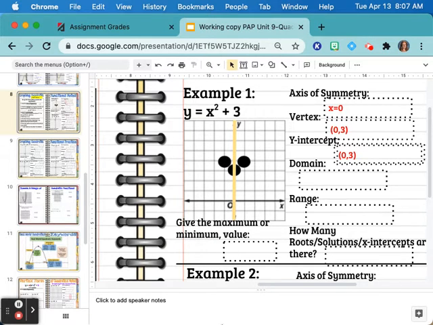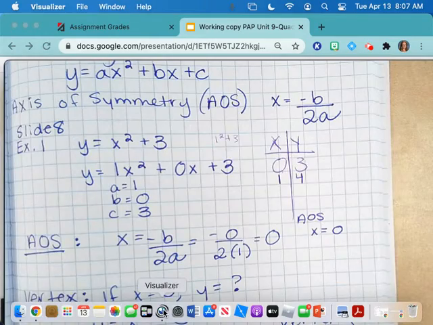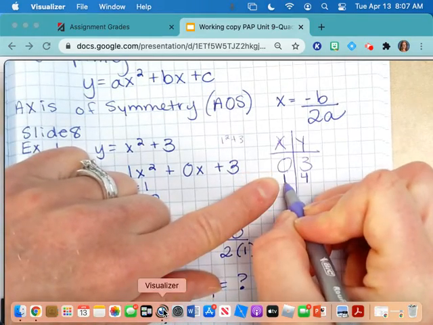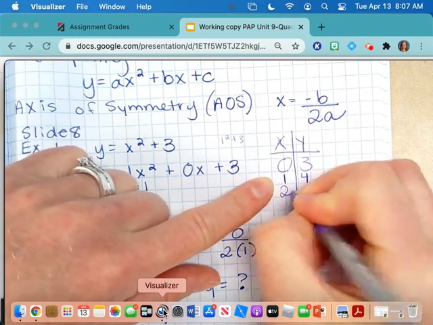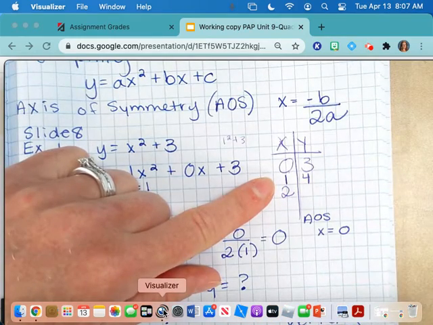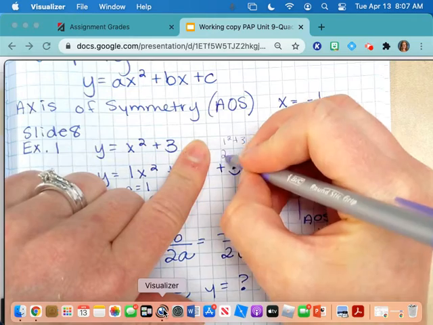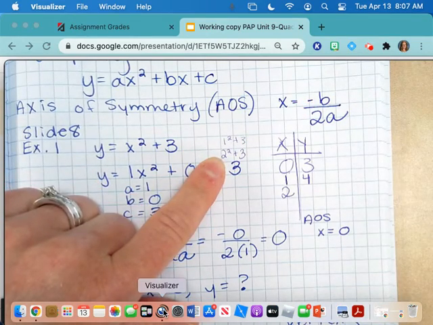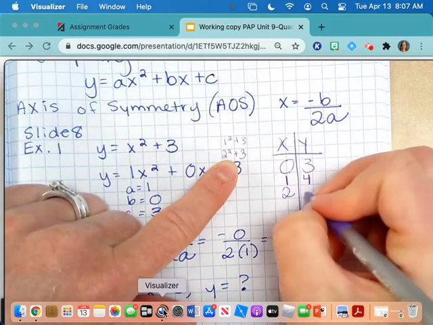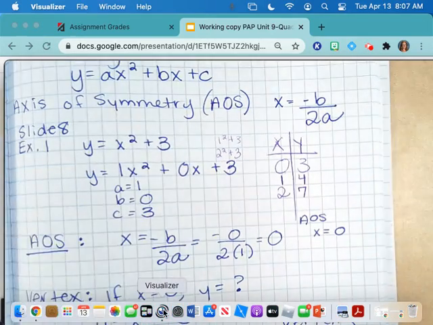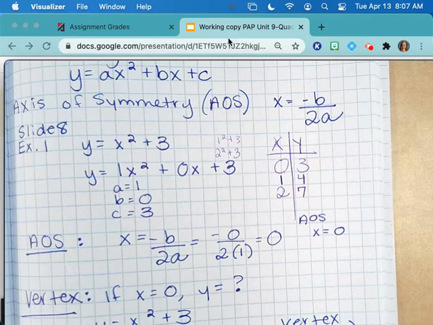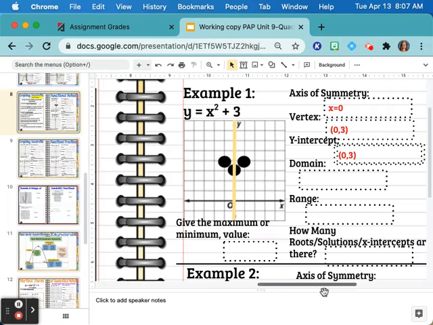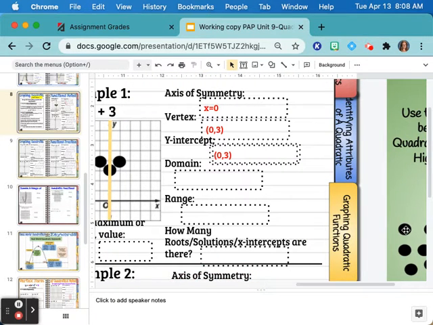Let's find another point. So I want to go 1 more over. So I'm going to plug in a 2. So now 2 squared plus 3. 2 squared is 4, plus 3 more is 7. Do we have enough spaces for that? I believe so.